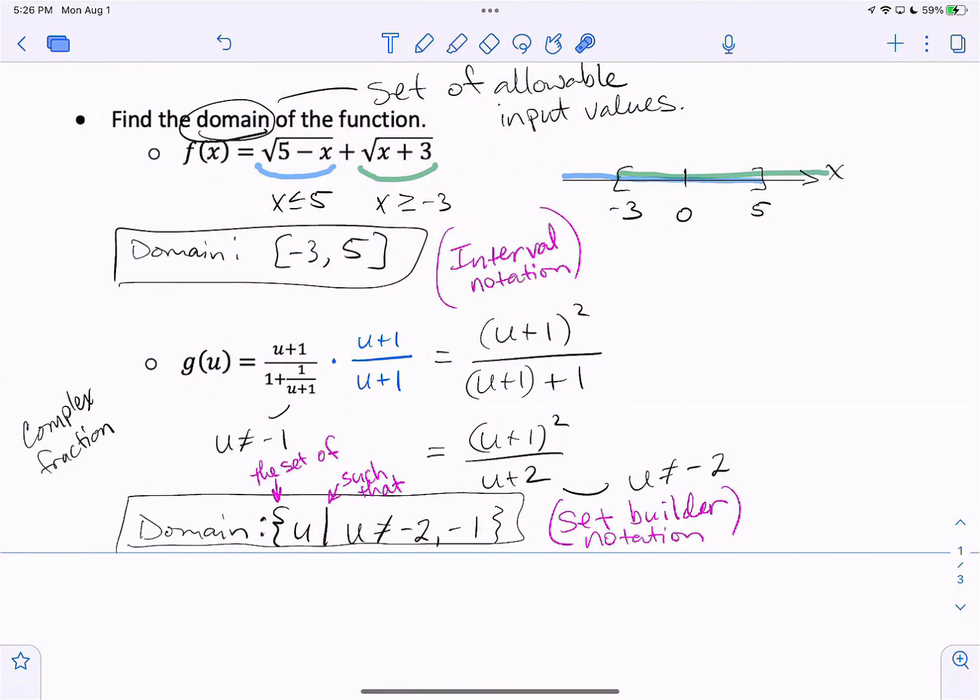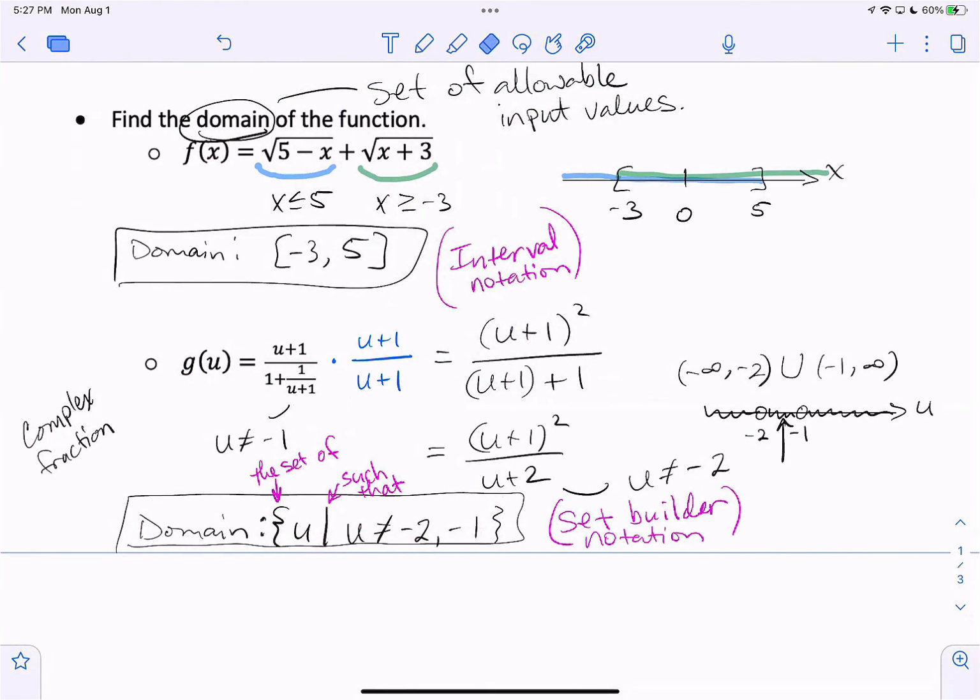We could have done this in interval notation, and I'm just going to give you a number line so that you can see what the interval notation would have meant in this case. -2 here, -1 here, and the domain would be everything not including -2 or -1. A lot of people in this situation would say -infinity to -2, then the union symbol, and then -1 to infinity, which is almost correct, but it's leaving out the part between -2 and -1.